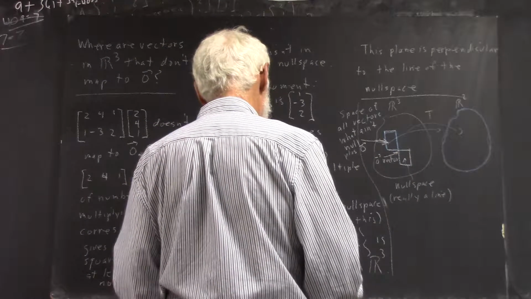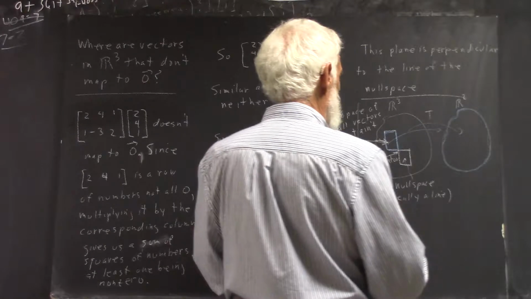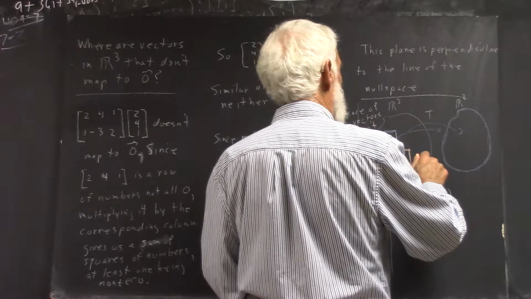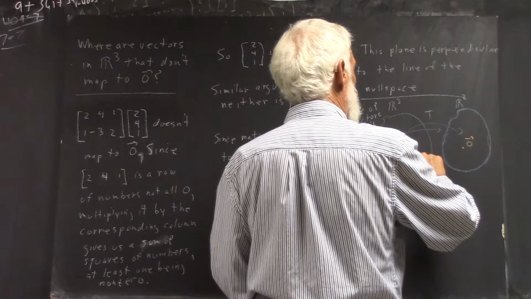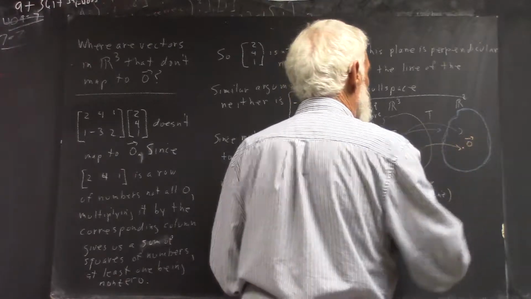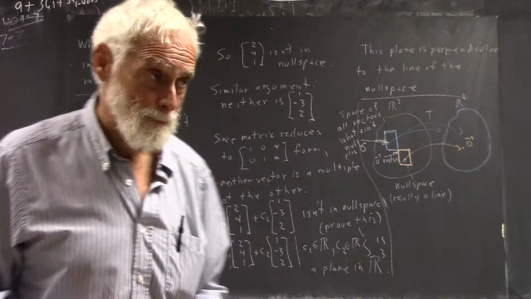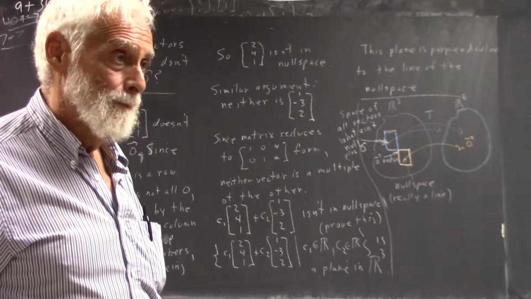And this space here maps just to the 0 vector. That makes sense?